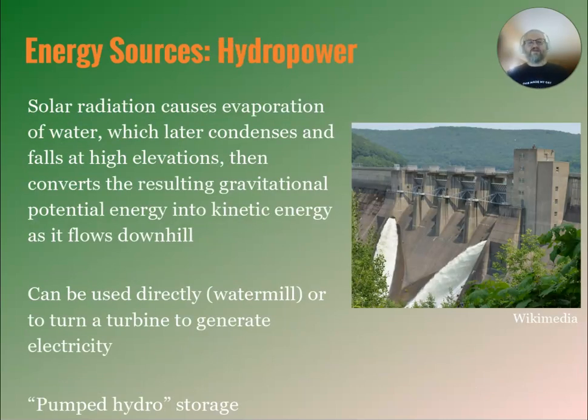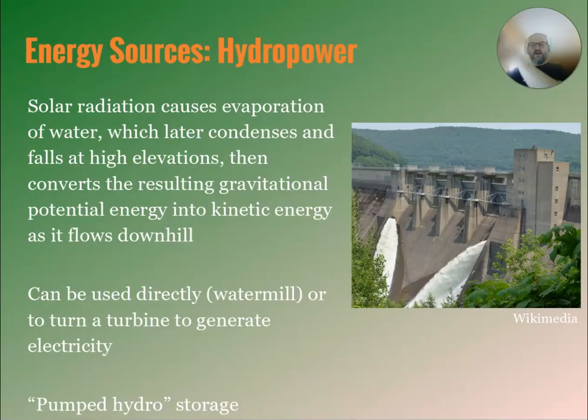We also have hydropower. So hydropower is another one that is actually ultimately driven by the sun again. Because another thing that solar radiation does when it hits the Earth is it causes evaporation. So the energy from the sun heats up the water and causes some of that water to turn into water vapor, which then goes up into the atmosphere and eventually comes back down as precipitation.